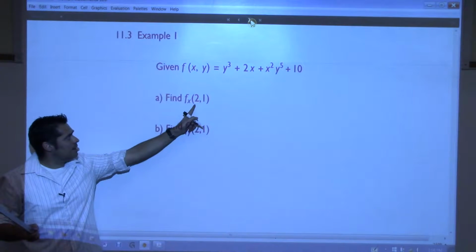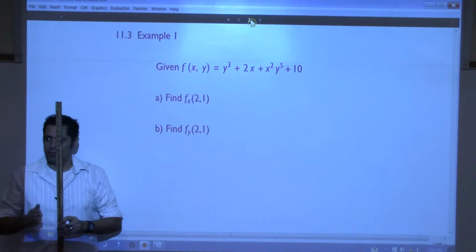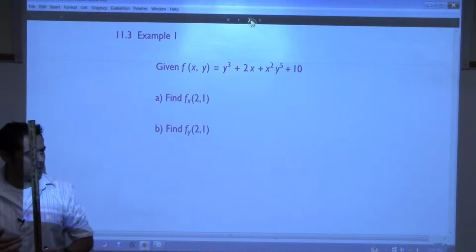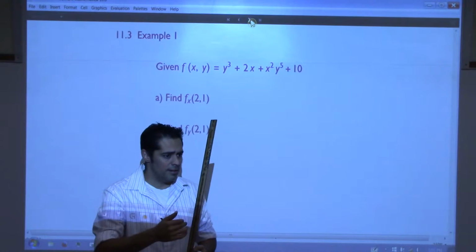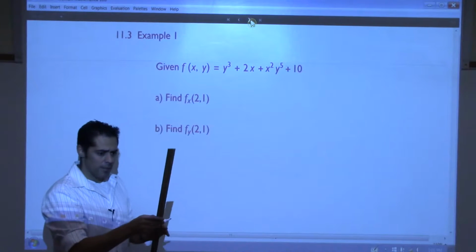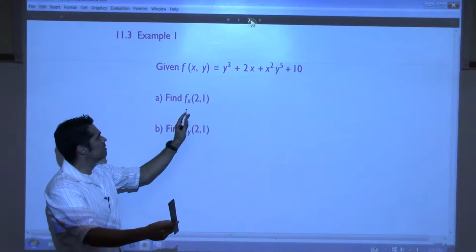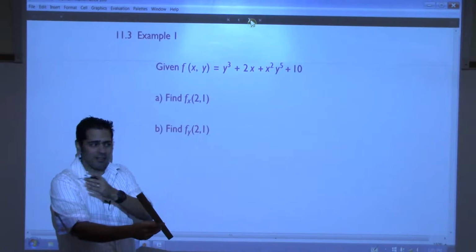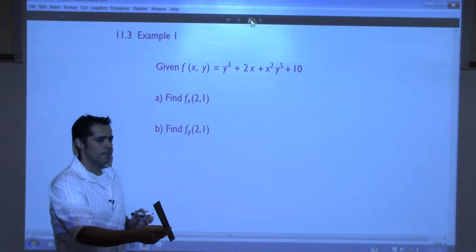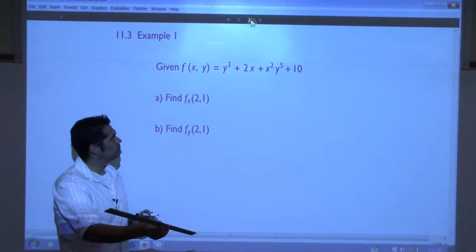Then I'm walking out to the point 2, 1. So I'm walking two units out on x, and 1 unit out on y, and I'm up on the surface somewhere. And I'm pointing in which direction? Am I pointing parallel to the x-axis or y-axis?